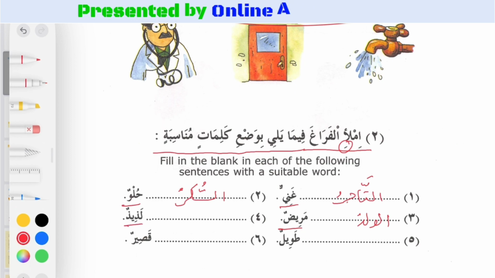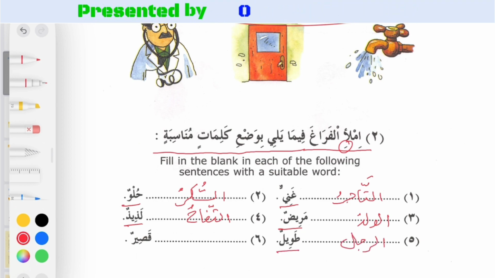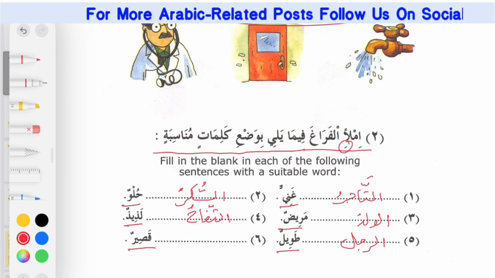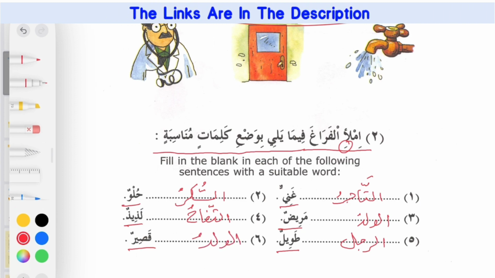Ladhid, tasty, delicious. At-tuffah ladhid. The apple is tasty, delicious. Tawil, tall. Ar-rajul tawil. The man is tall. Qasir, short. Al-walad qasir. The boy is short.